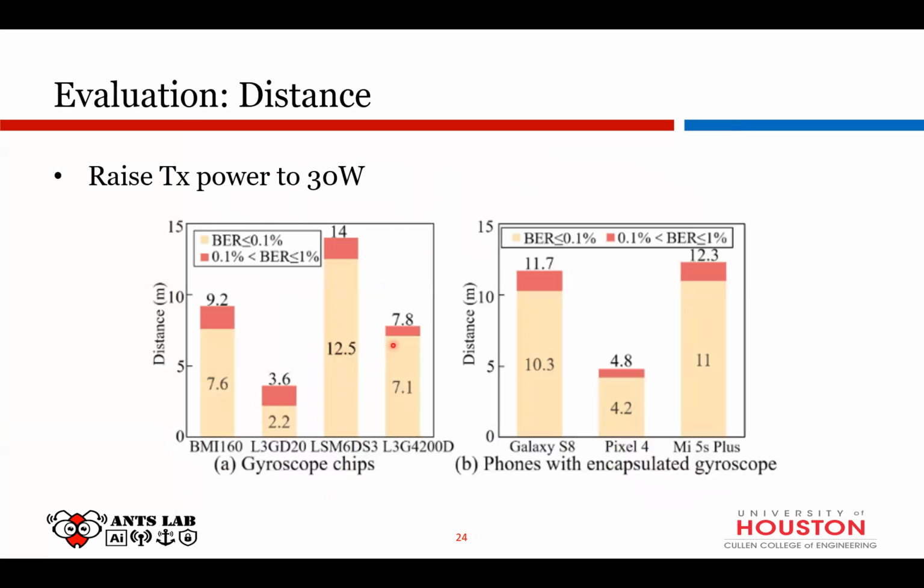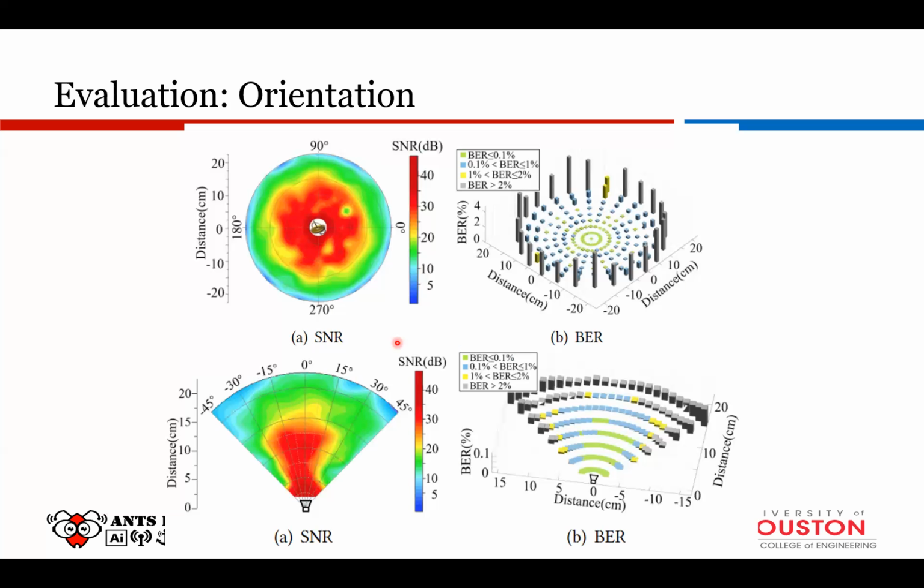For this one, I also have another question. Could you go to the previous one? We all know that ultrasound is very focused, kind of like a beamformer. It has direction. But in what you show here, the range is actually pretty wide, from negative 30 to almost positive 30.